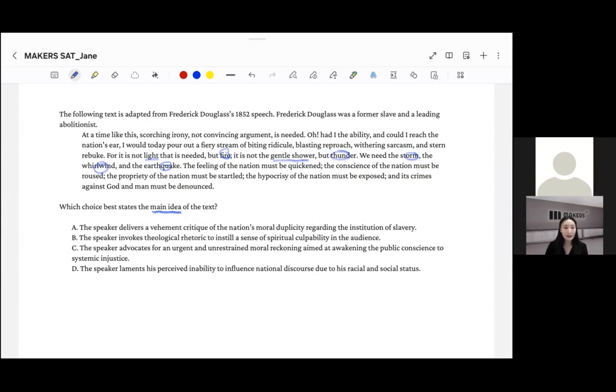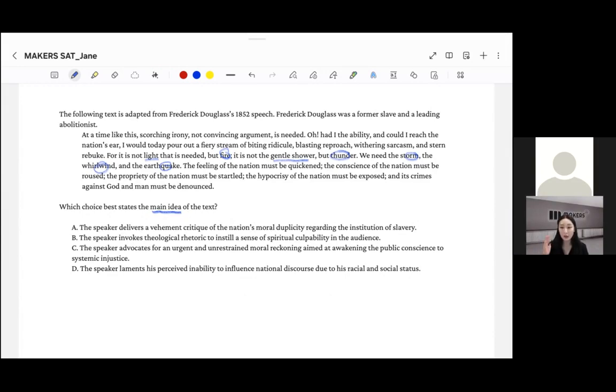So looking at this, let's look at A. The speaker delivers a vehement critique of the nation's moral duplicity regarding the institution of slavery. A seems very valid, but it is focusing only on the critique of hypocrisy, which is part of the message, but not the whole point.